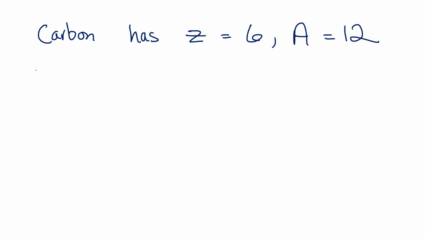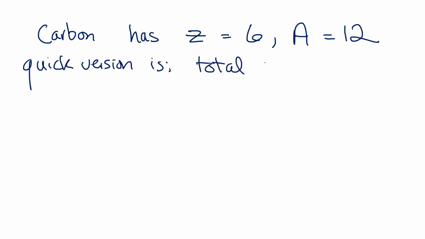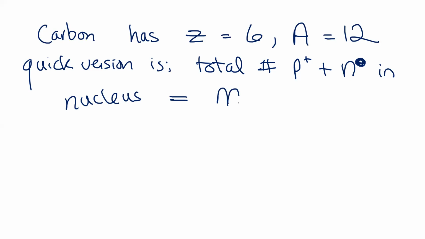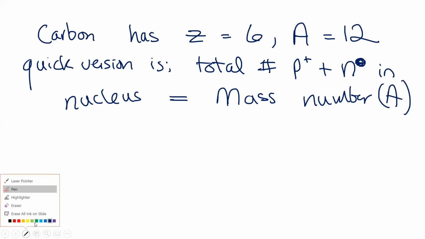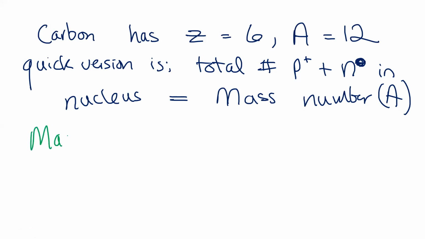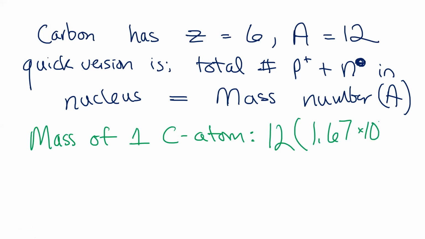In fact, you can generally get away with the quick version: the total number of protons plus neutrons in the nucleus is equal to the mass number, A. And knowing that, we can just say the mass of one carbon atom, therefore, is 12 times 1.67 times 10 to the minus 24 grams per subatomic particle in the nucleus.